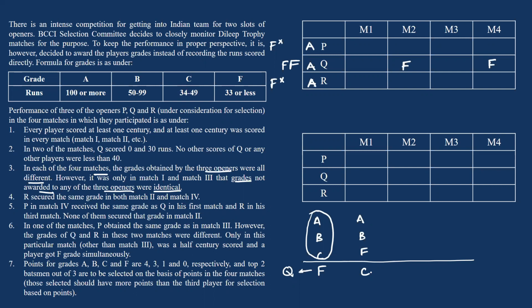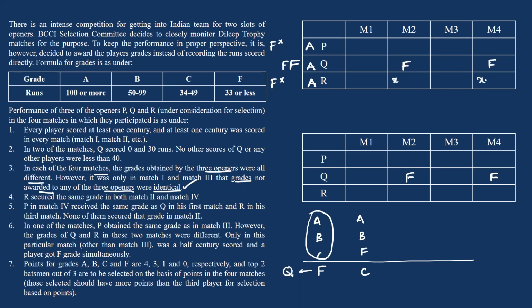So this statement is very important. Okay. So Q has got 2 Fs and that too in match 2 and match 4. Now R secured the same grade in both match 2 and match 4. So R got the same grade in match 2 and match 4.